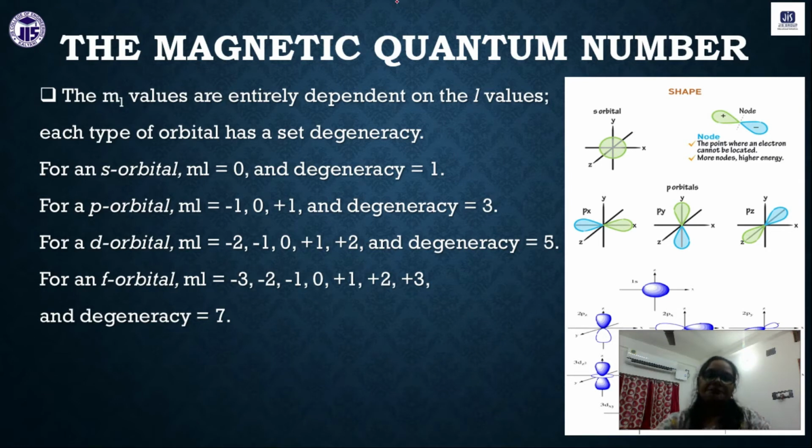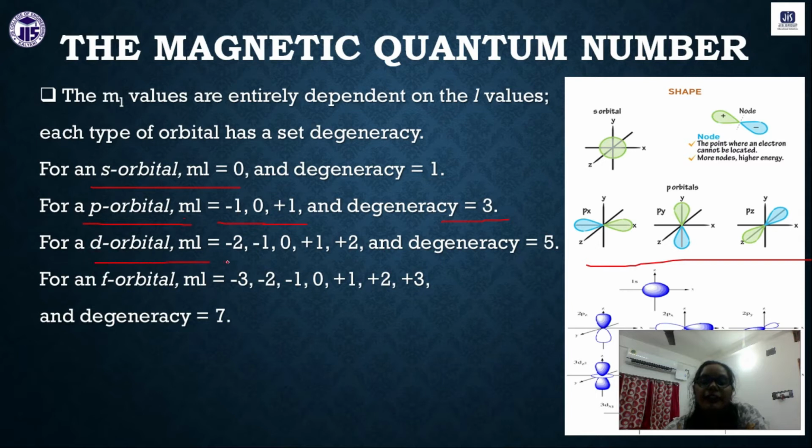So here s orbital, that means L value is 0. So ml value is also 0. If it is p orbital, for p orbital L value is 1. That means ml value would be -1, 0 and +1. So three orbital orientations we are getting, px, py and pz.